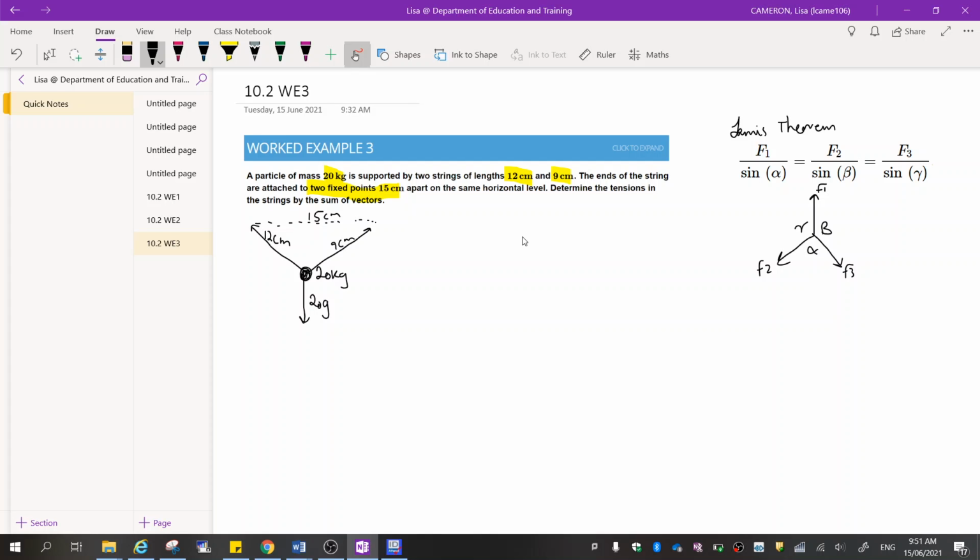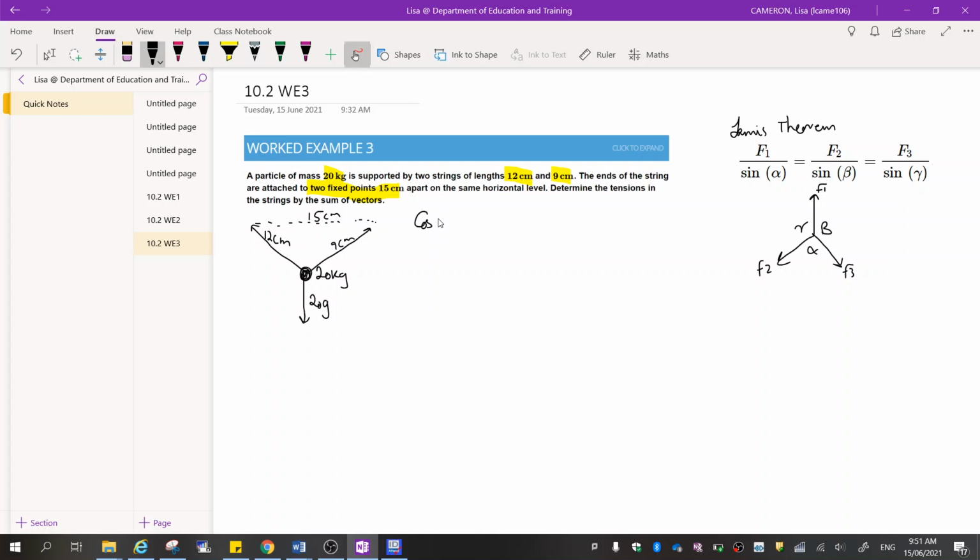Determine the tensions in the strings by the sum of vectors. So we're going to be applying this formula with this information over here. First thing I need to do is work out the angles in between. To do that, I've got these three sides here, which means I'm trying to find an angle, which means I'm going to be using the cosine rule.